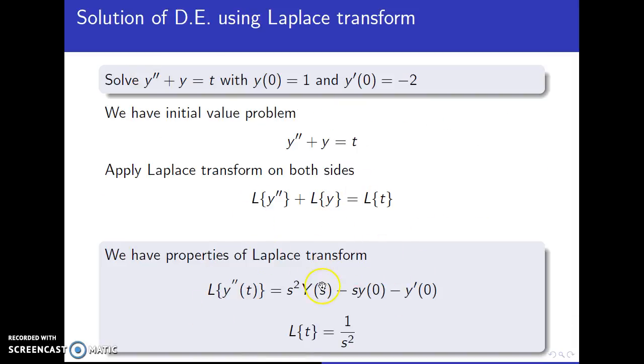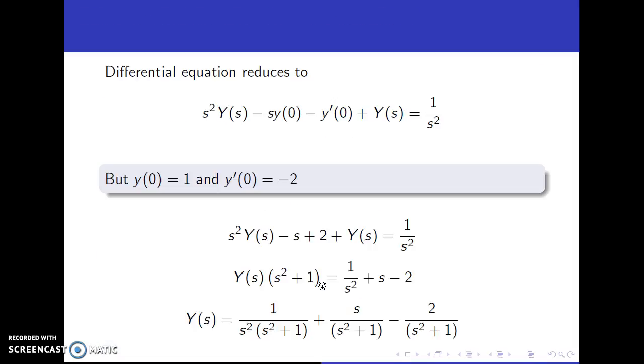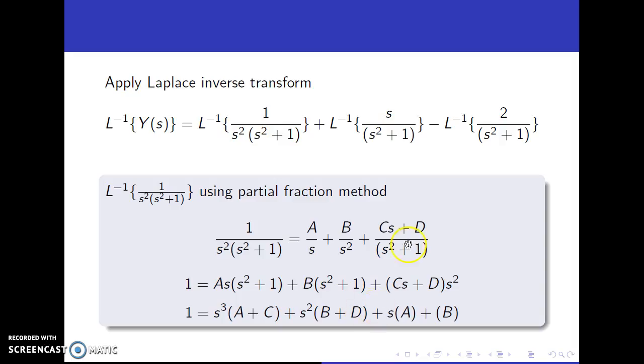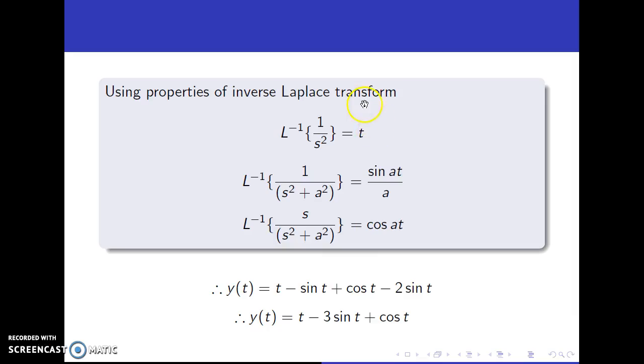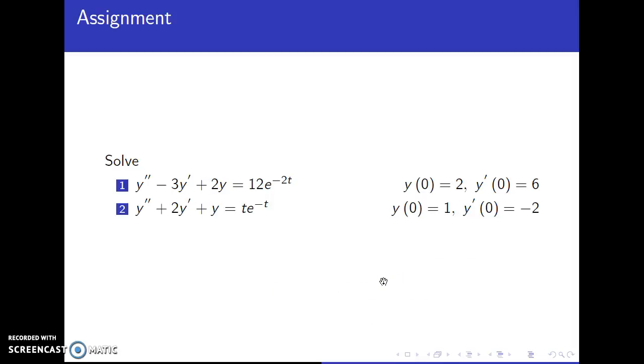Second, use the properties of the Laplace transform, and then we arrive at Y of s equal to something. Then apply the Laplace inverse on Y of s, either using the partial fraction method or some properties of the Laplace transform. So we get the solution of the differential equation.